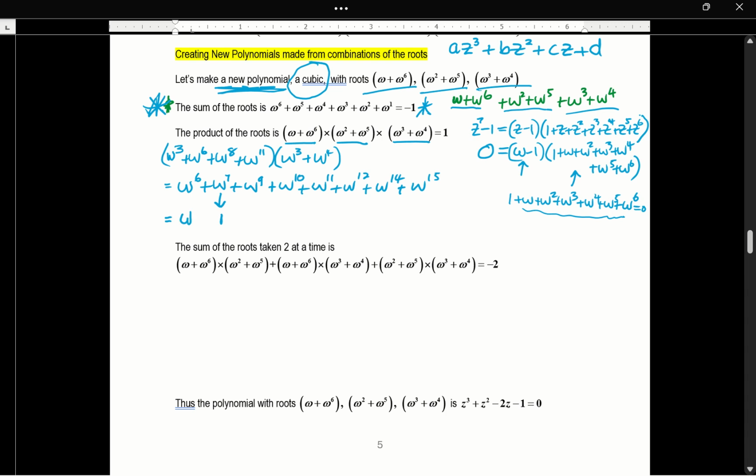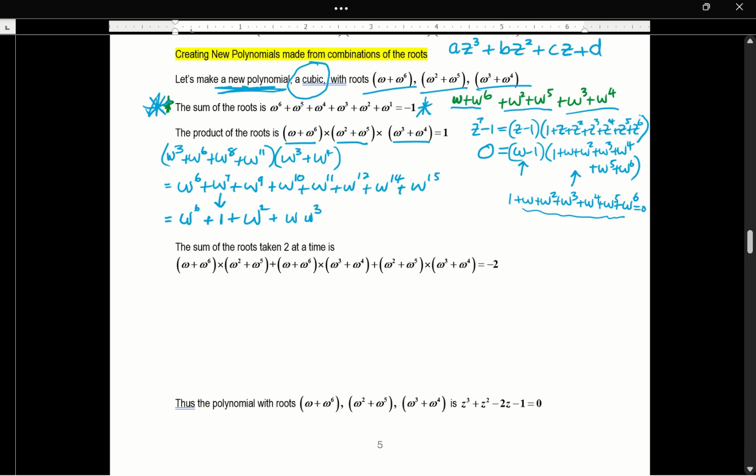So this is w^6 plus 1 plus, now this is w^7 times w^2, isn't it? w^9 is w^7 times w^2, and w^7 equals 1. So instead of writing w^9, I can just write w^2. w^10 is w^7 times w^3, but w^7 equals 1.